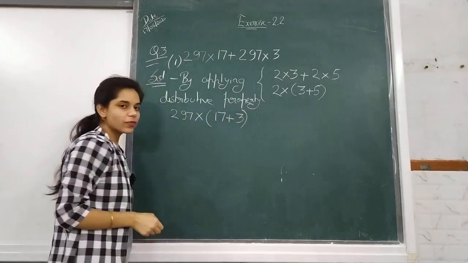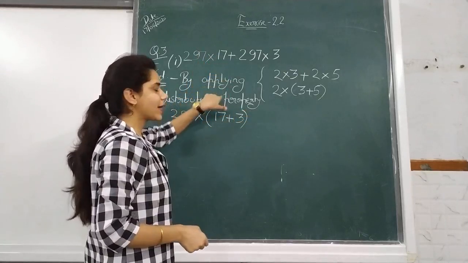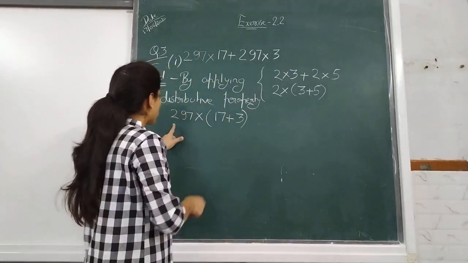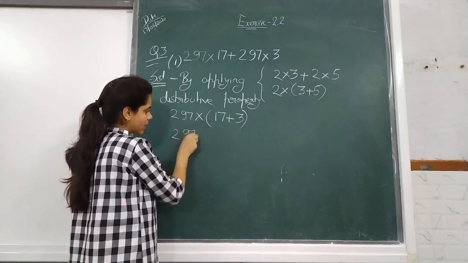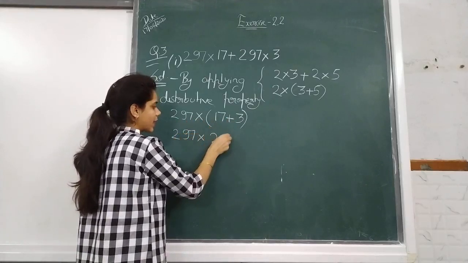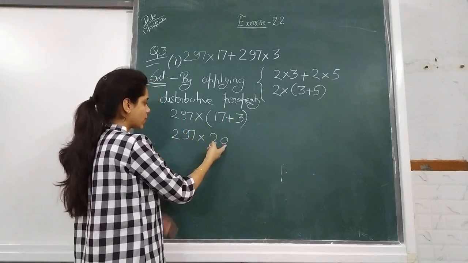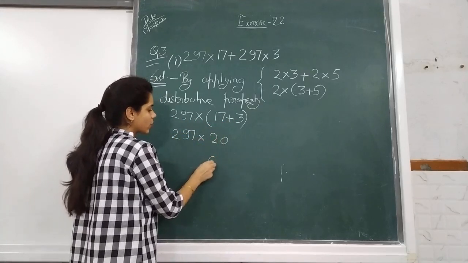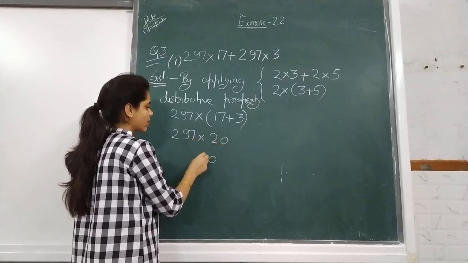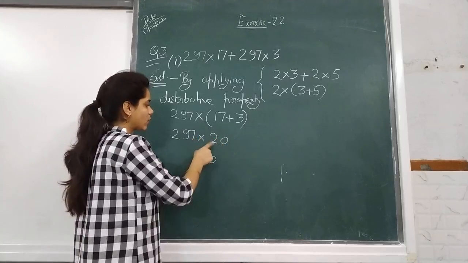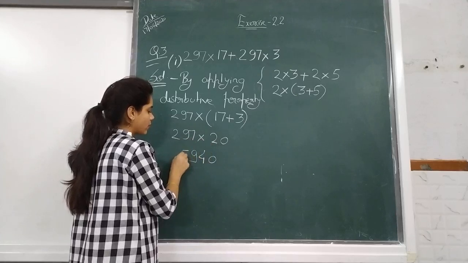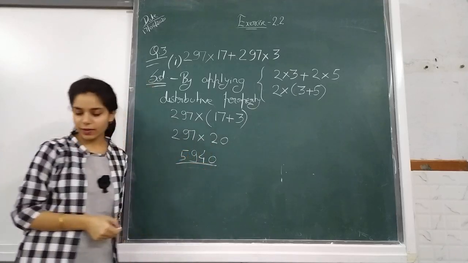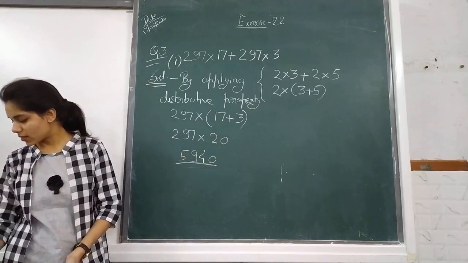We need to find the value of this by applying the property. So, 297 into 17 plus 3. What is 17 plus 3? It will be 20. Now it will be easier for us to multiply with 20. So, put 0 here. 2 7s are 14, 1 carry. 2 9s are 18 plus 1, 19. And 2 2s are 4, 1 is 5. So, 5940 will be our answer.